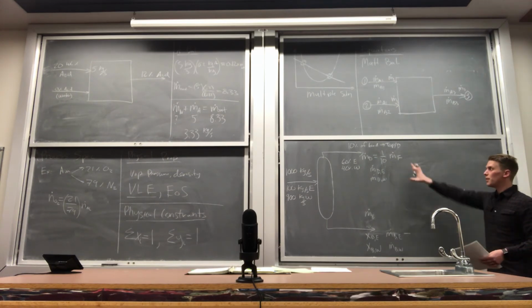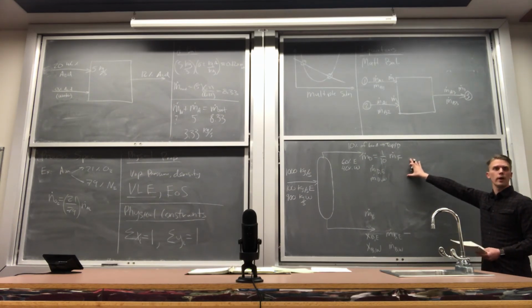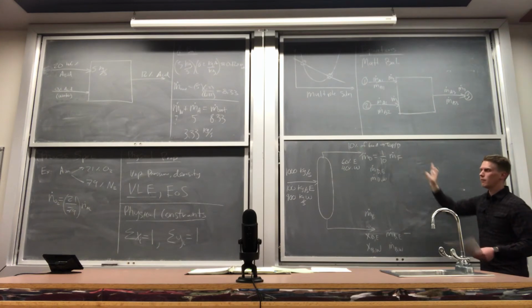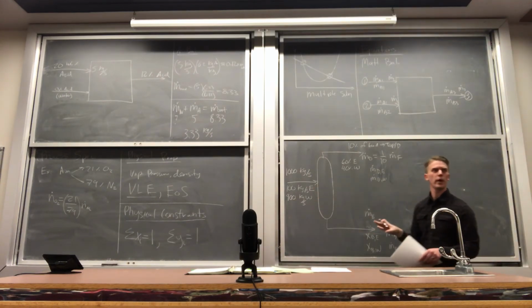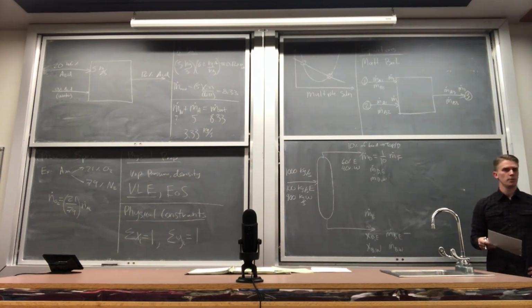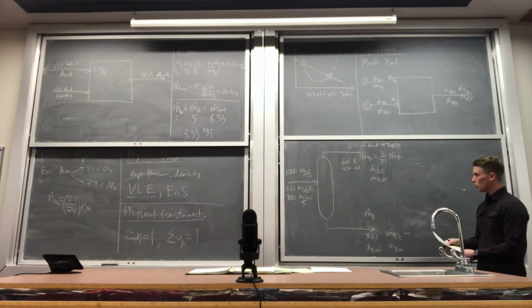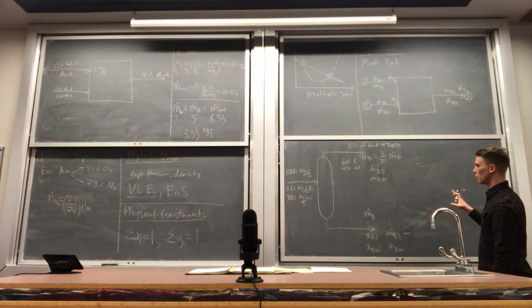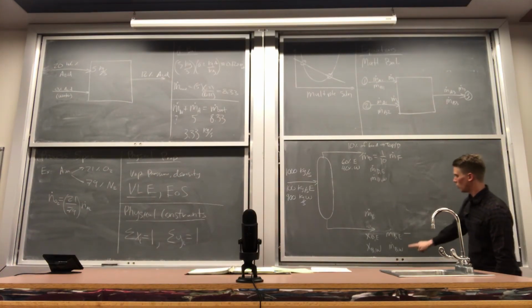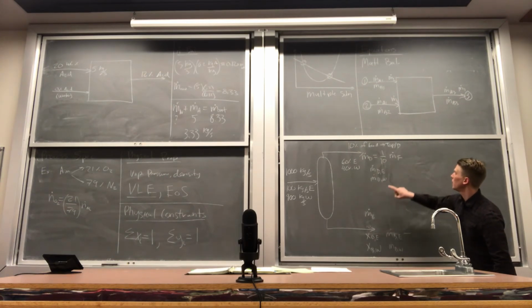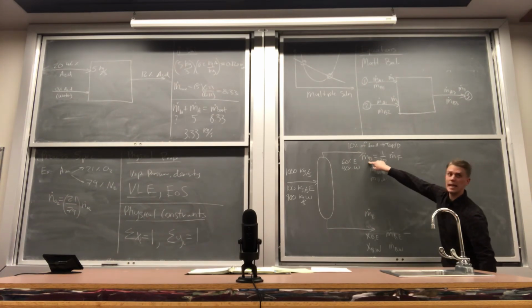Now I understand that some of these we can do approximations on right away, but what I'm just trying to demonstrate here is that we can use all of the different types of equations to simplify what we're working on. Okay, so if I did this right, we should have a total of 8 unknowns. 1, 2, 3, 4, 5, 6, 7, 8 unknowns.